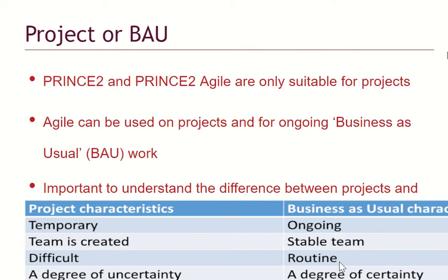That's routine work. The same way they carry out their work. At the end of the month, they do a report. Next month, again, they do another month-end report or weekly report. It's routine work. That is what we call business as usual. Business as usual has a degree of certainty, but a project has some degree of uncertainty.